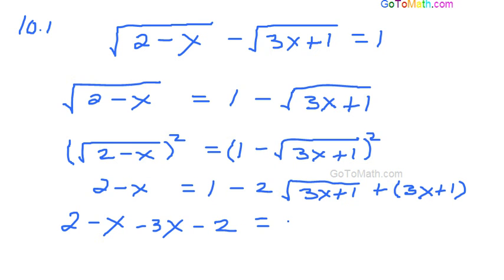Let's see here. What's going on? Something brought that over. Oh, that should be a plus sign. I knew something was not right here. 1 plus. Oh, that's the problem. Not really.